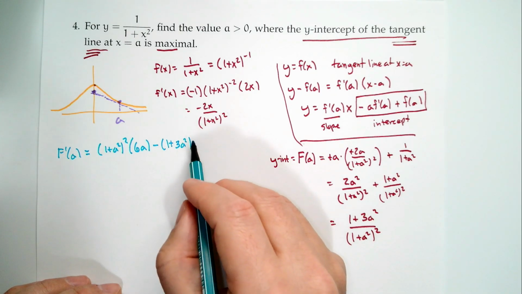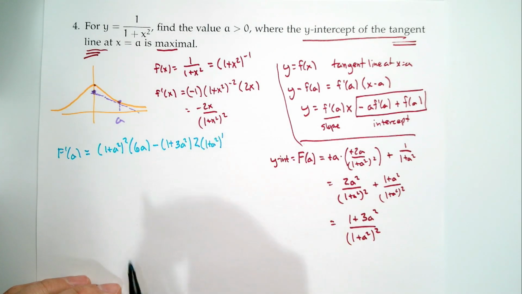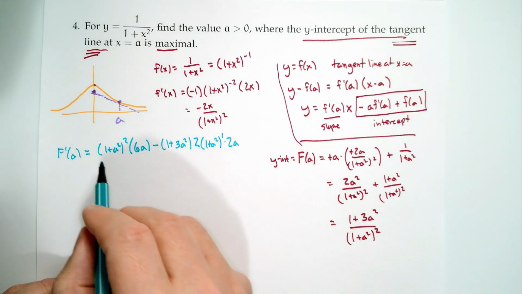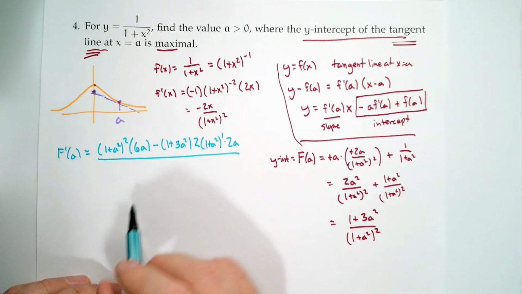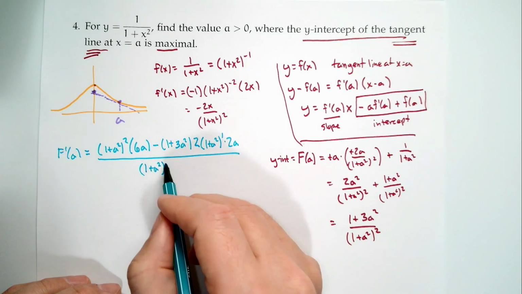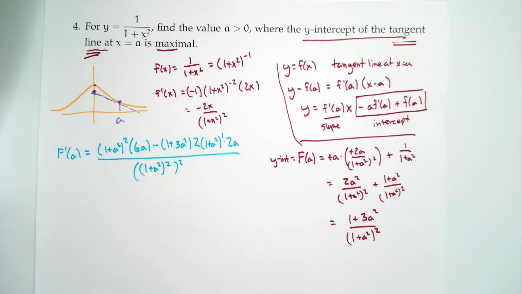Well, chain rule: 2 times (1 plus a squared) to the 1, times the derivative of a squared, which is 2a. All that divided by ((1 plus a squared) squared) squared, because you square the bottom.